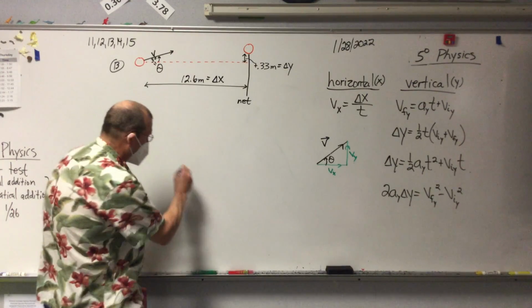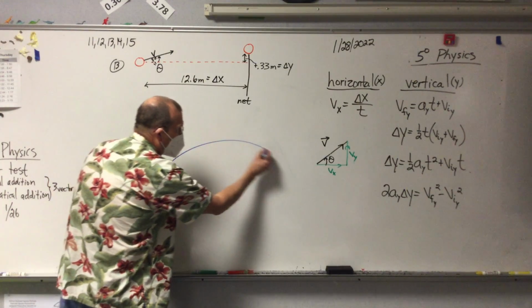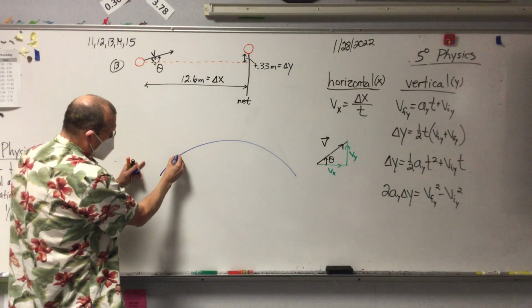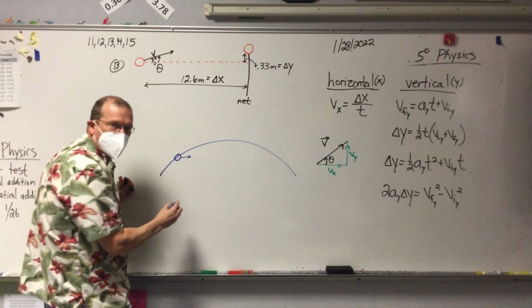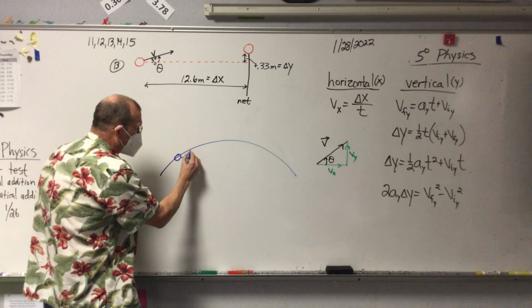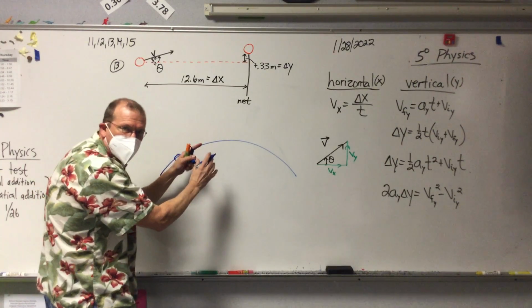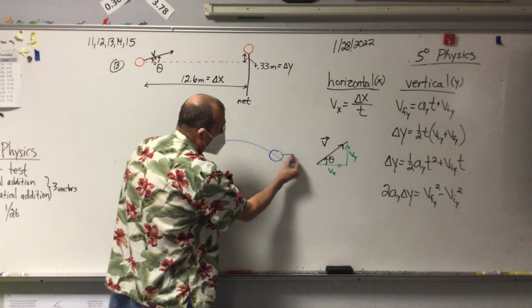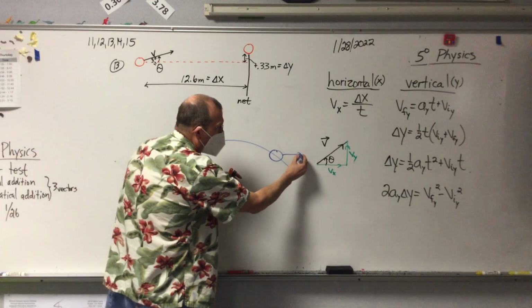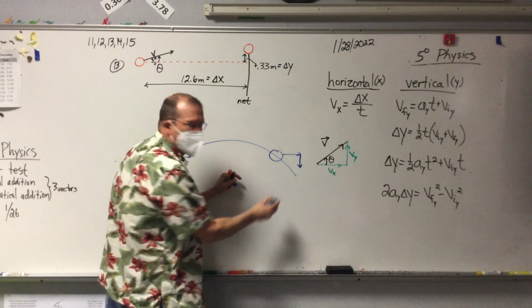Bingo. Okay. Because remember, if you're over here and we ask what's going on there, it's moving this way, but it would also be moving this way because it's on its way up. And when we were over here, it's still moving that way, but now its y component is moving downward.